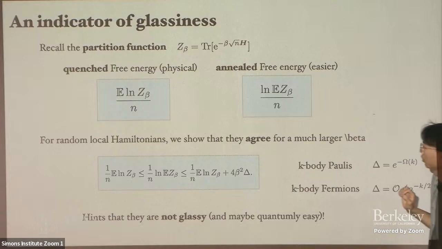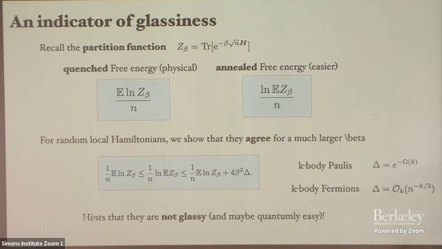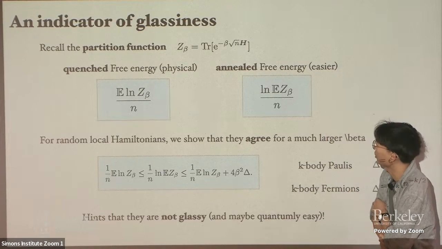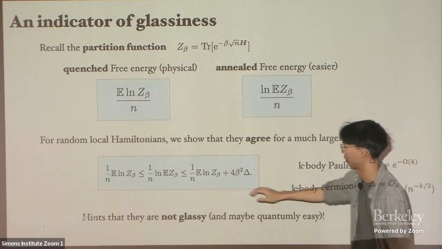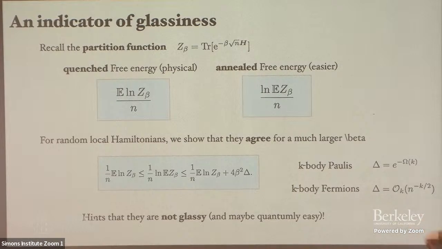I think it's like convexity, or concavity, one of them. Anyway, this is one indicator that people have used in the spin glass literature. We really just take them, and we're able to prove this by basically proving log Z is very concentrated.